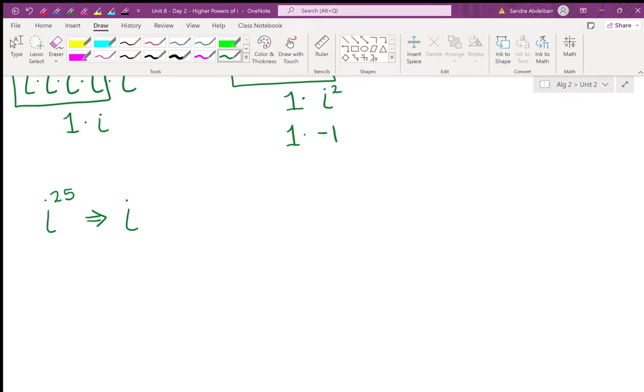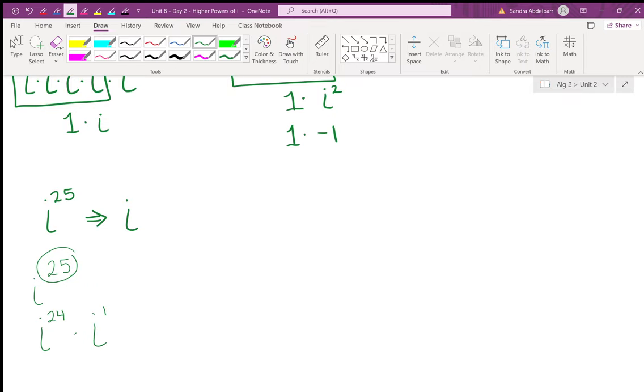So what we did here was we were going to take 25 and turn that into a multiple of 4. So what does that mean? We can change i to the 25th power into i to the 24th times i to the 1st.